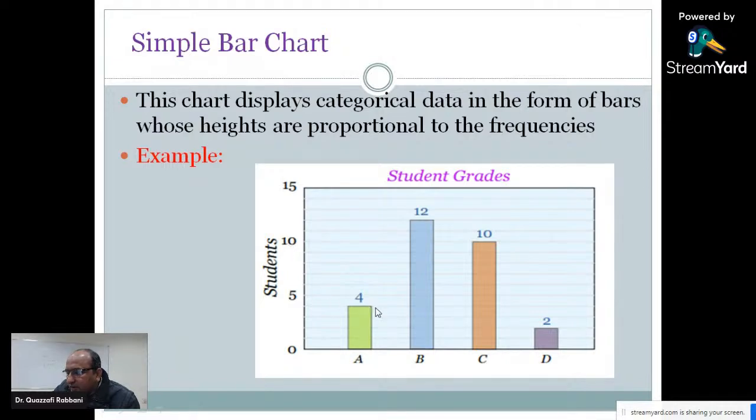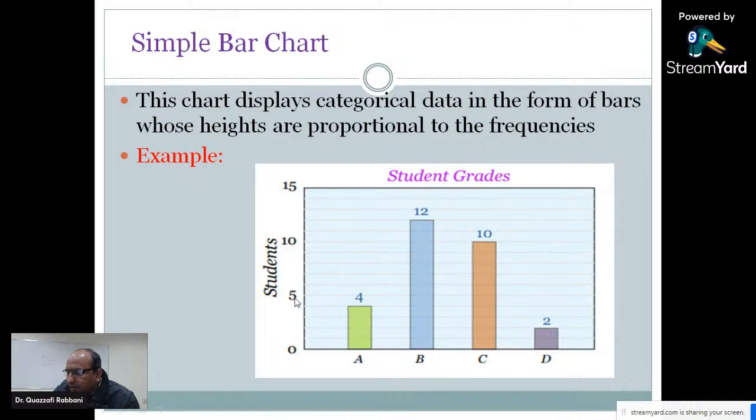So if you see, this is the bar, and A, B, C, D is nothing but ordinal scale data, because this is the grade of the student.